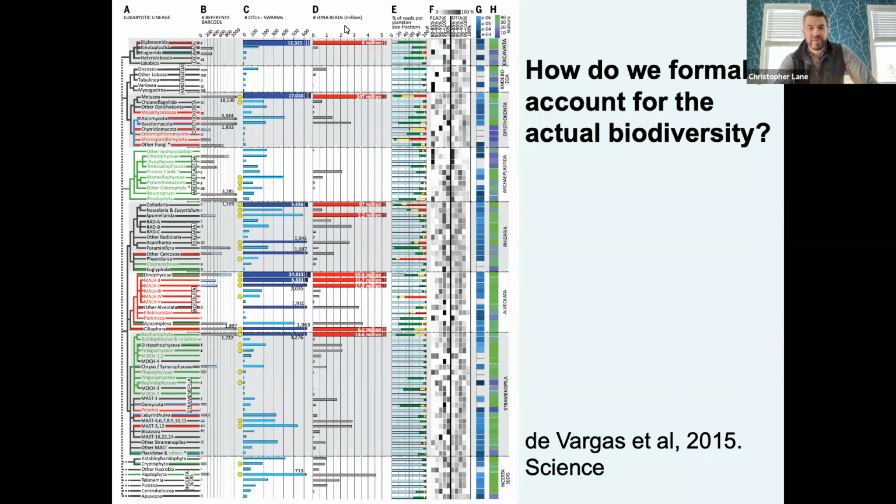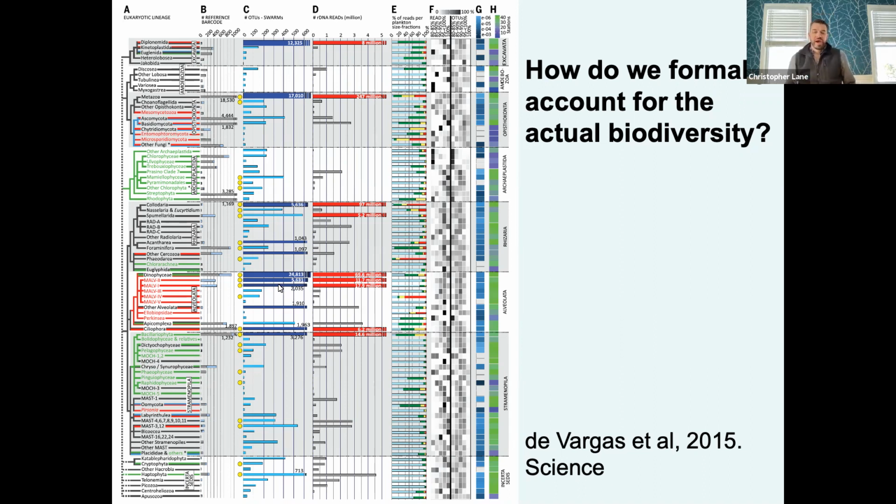But one thing that I want to point out from this tree is that there are major clades here. For instance, here are these MALVs that I talked about earlier. There are major clades which we didn't really even know existed before these data. And it turns out that they're not only really diverse, but they're really prevalent. You can see in some of the OTU numbers here.